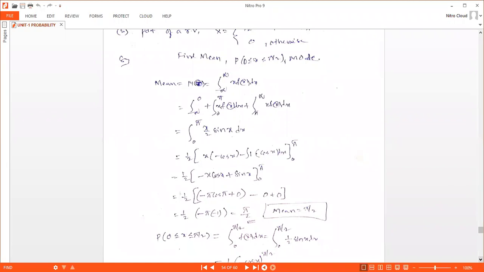Use the ILATE rule. First function is x, second function is sin x here. Integration by parts. Upper limit minus lower limit.